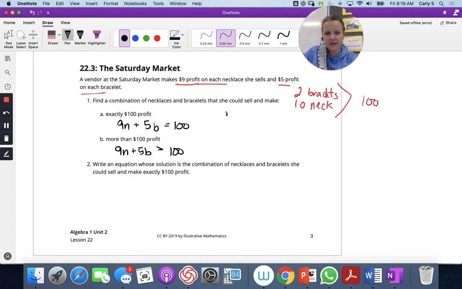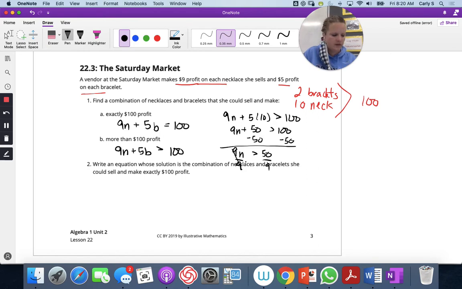If I had 10 bracelets, that would be 50. Okay, subtract 50 from both sides. 9n is greater than 50. Divide by 9. I know I'm going to get a decimal.